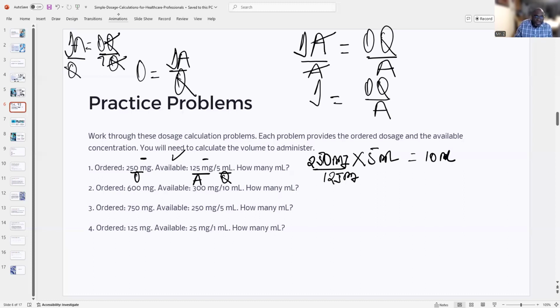Let's look at number 2. Your order is 600 milligram. Your available is 300 milligram. And that right there is your quantity. So how many milliliter are you going to give? So you will do 600 milligram multiplied by 10 milliliter, divided by 300 milligram.